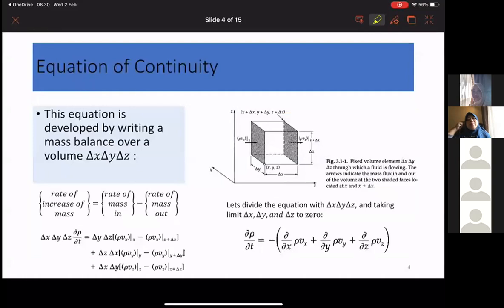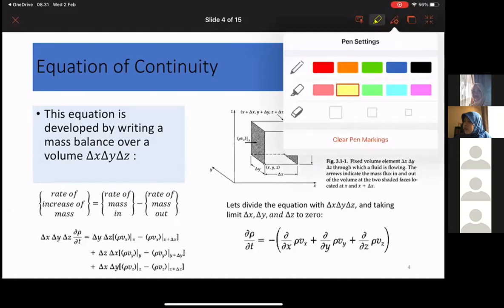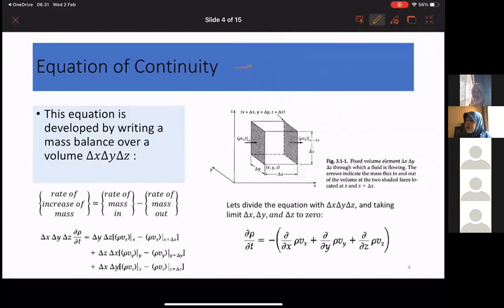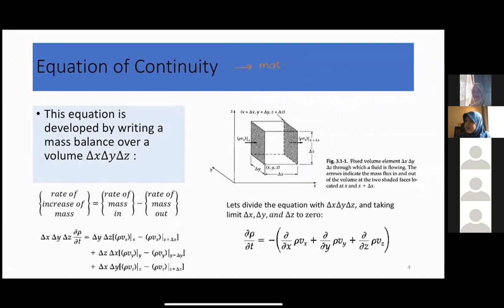Okay, so before we see the equation of continuity, I would like, of course, to give you some understanding of how that equation of continuity is developed. The equation of continuity is actually based on the mass balance.